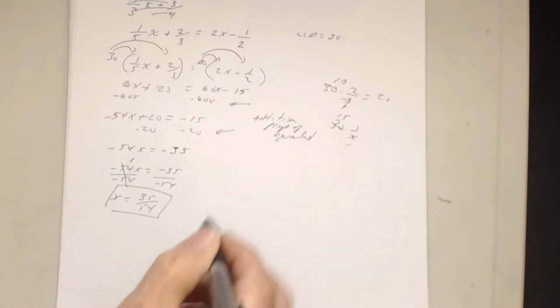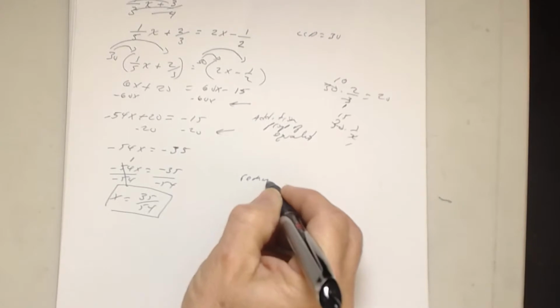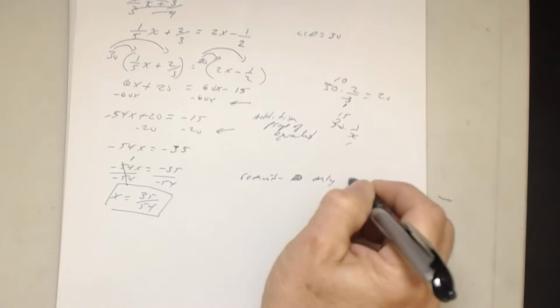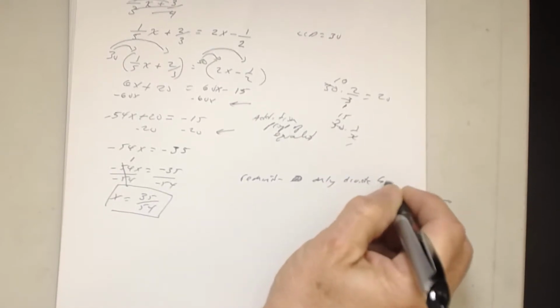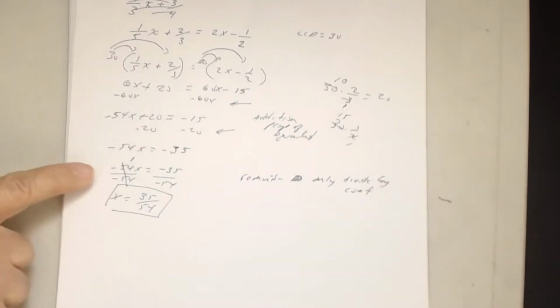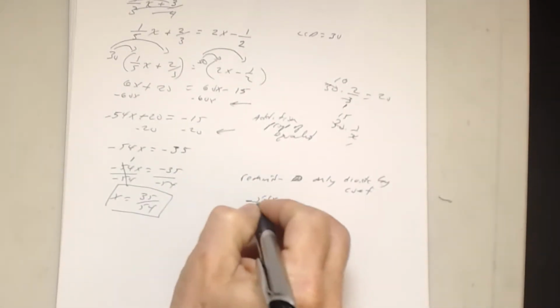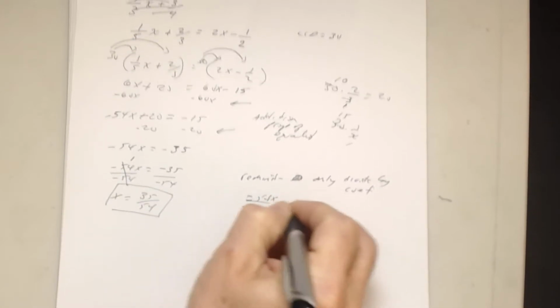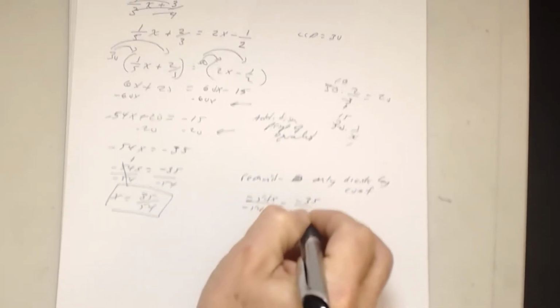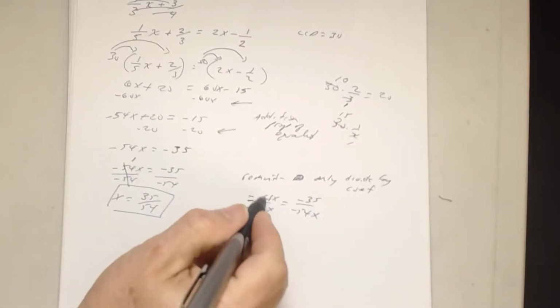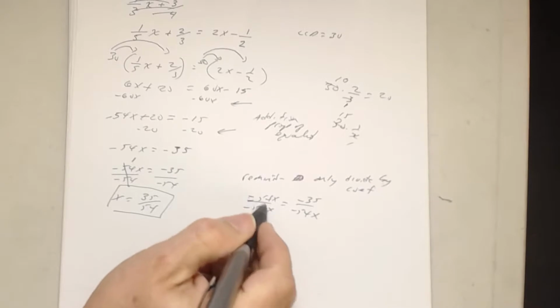All right, now, just to remind you, only divide by the coefficient. Like this. So when some of you do this, you're saying x equals, you're giving the right solution, but mathematically this is not correct because negative 54x divided by negative 54x is not x.